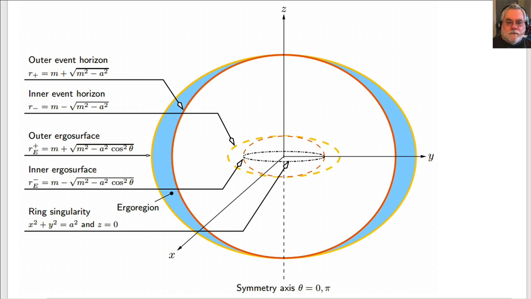I might sometimes misspeak and say ergosphere when I mean to say ergo surface, but hopefully I won't. Matter anywhere inside the outer ergo surface cannot be at rest relative to a faraway observer. Matter must be moving radially, tangentially, or both. But plunging into the singularity ring is not the only possibility here, as we will see later.